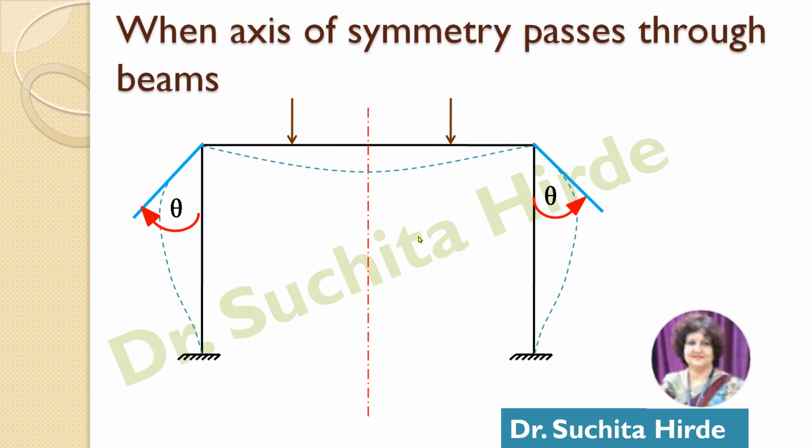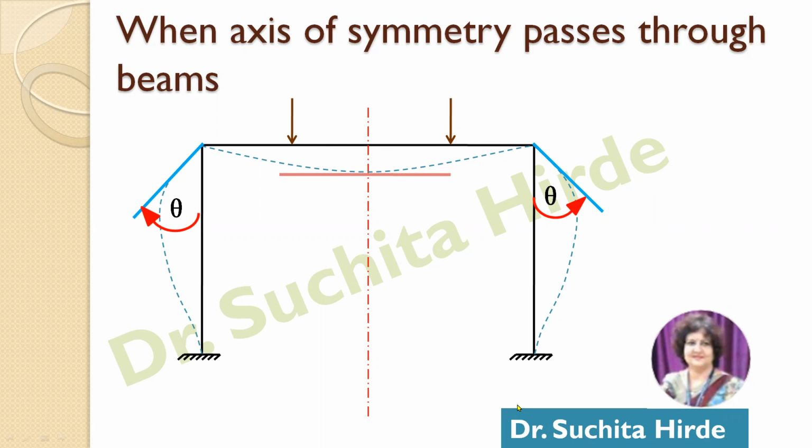And third point is due to symmetry, the slope at axis of symmetry is 0. Then the axis of symmetry divides the beam into two parts. Therefore, we have to modify the stiffness of this beam, which is equal to half of the original stiffness.